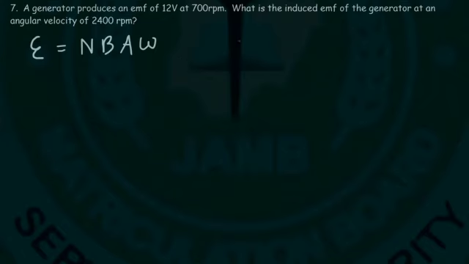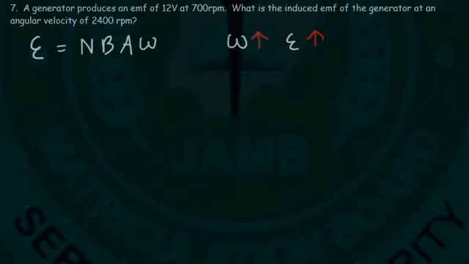In this equation, you can clearly see that the angular velocity and the induced EMF are proportional. If you increase the angular velocity, the EMF will increase. They're directly related. So if you double the number of RPMs, the induced voltage will double as well.